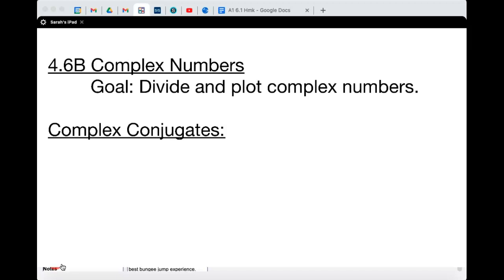So, still doing complex numbers. Does anybody remember what a complex number is? It contained an i. What did i represent?